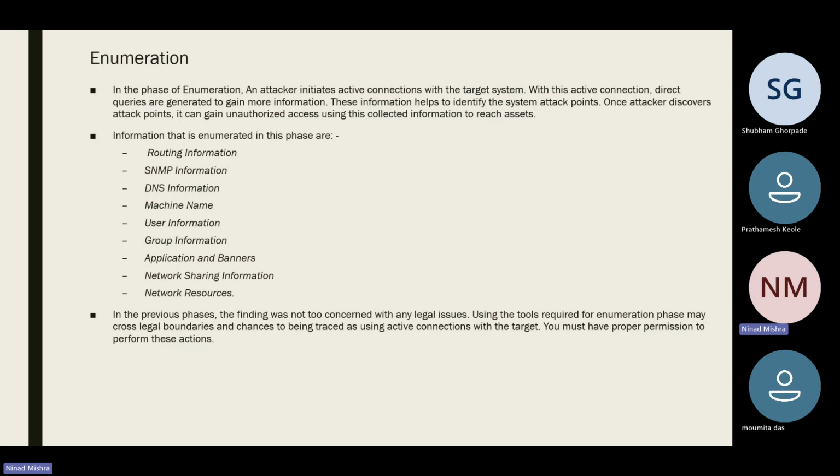So either you should be aware when you're collecting information that you don't get caught, or you have that much protection for you as an attacker, obviously. But if you are doing this as part of a red teaming activity, as a pen tester or something like that, make sure that you have the proper permissions to perform these actions.